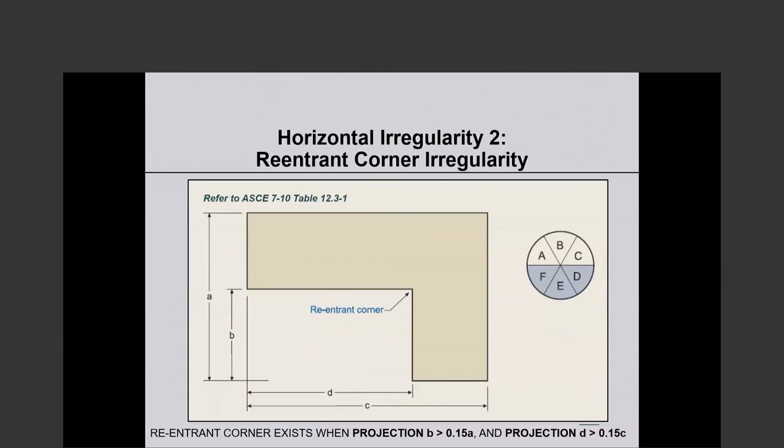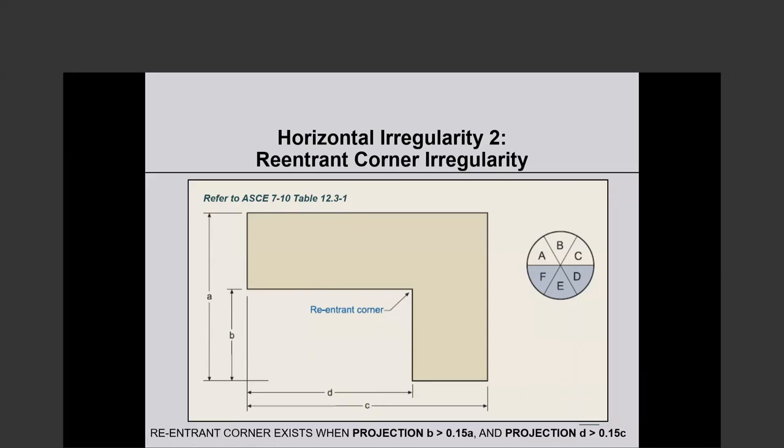Okay, re-entrant corners. Something that looks like this. A re-entrant corner exists when projection B, this distance, is larger than 15% of A. So look at A, look at B. If B is larger than 15% of A and D is larger than 15% of C, then you have re-entrant corner irregularity.